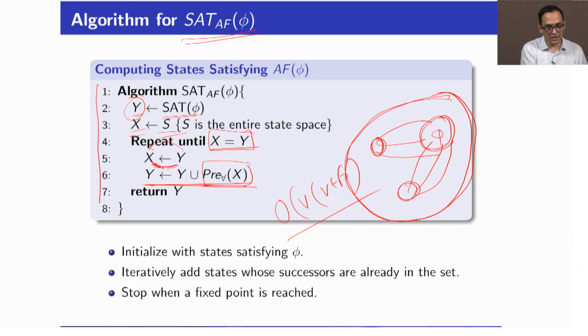If y is not growing, then after the next iteration x will be equal to y. There will be a bracket here, and once you complete this you return y. Effectively, I initialize the states with phi, then iteratively add states whose successors are already in this set x, and stop when I cannot reach a new state, which means I reach a fixed point.